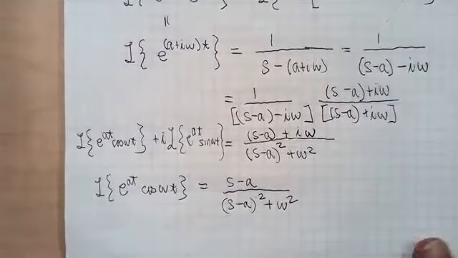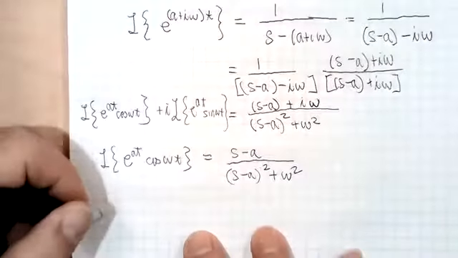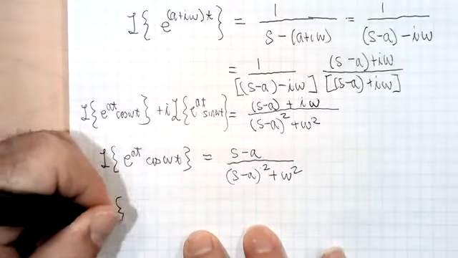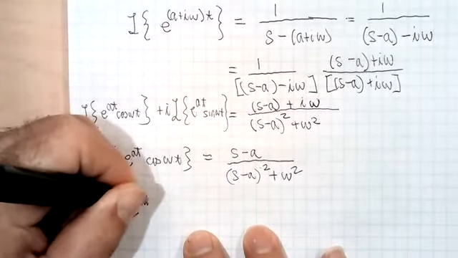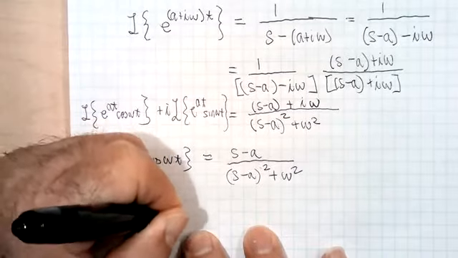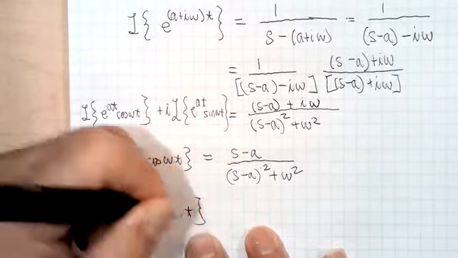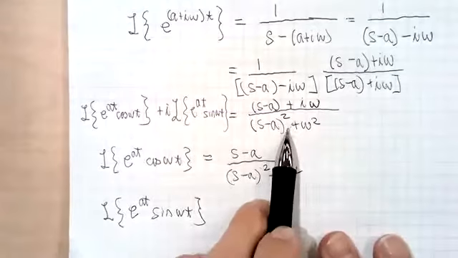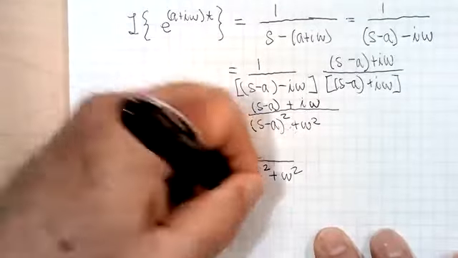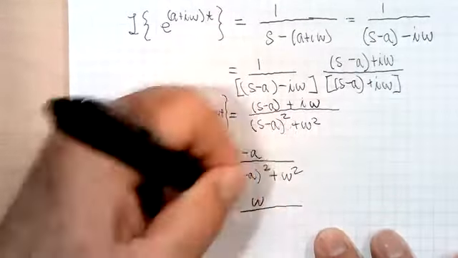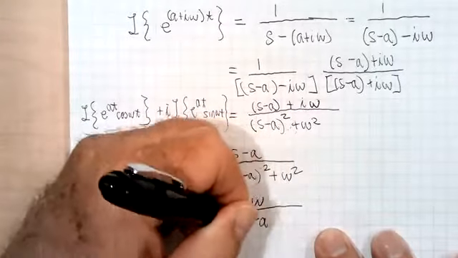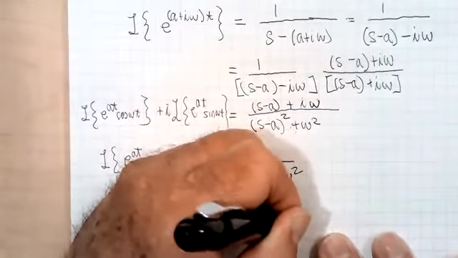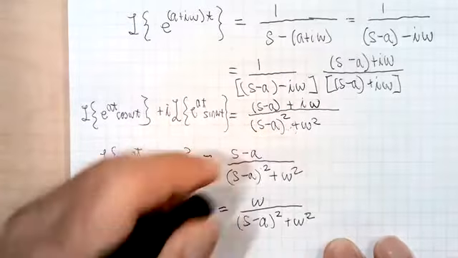And the transform of the corresponding function with a sine in it, e to the at sine omega t, it's the imaginary part of this function up here. So omega over s minus a squared plus omega squared.